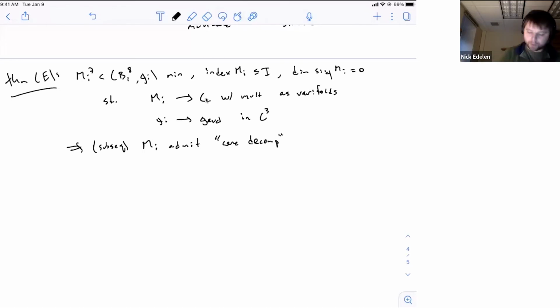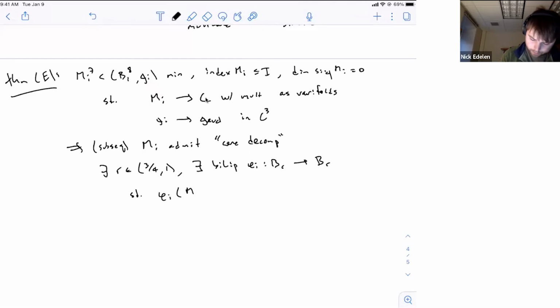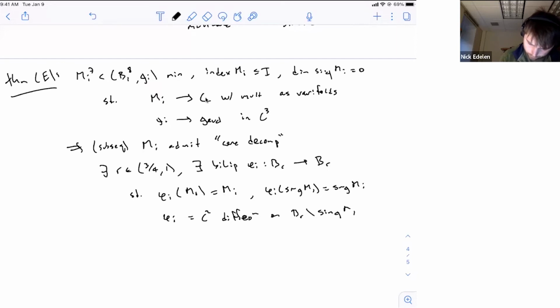More concretely, what you can say is that there's some radius, and you can find bi-Lipschitz maps from the ball of that radius to itself, which parameterize the ith minimal surface by the first minimal surface, and that take the singular set to the singular set. And away from the singular set, they are C^2 diffeomorphisms, and they all have uniform Lipschitz bounds.